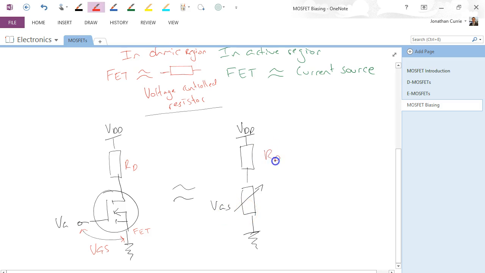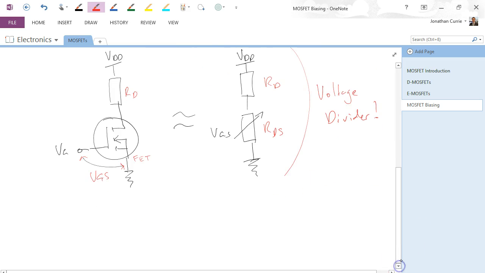So we now have two resistances in this circuit, RD and RDS, and this is nothing more than a voltage divider, which we all learned about in first year. So there's nothing complicated about this circuit. In fact, all I've done within this circuit is actually bias it in the ohmic region already.